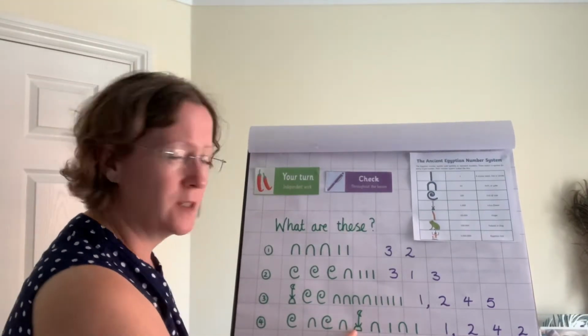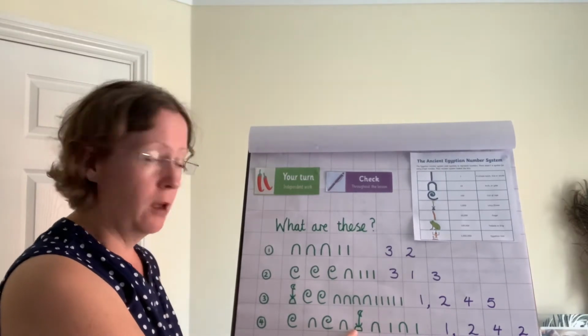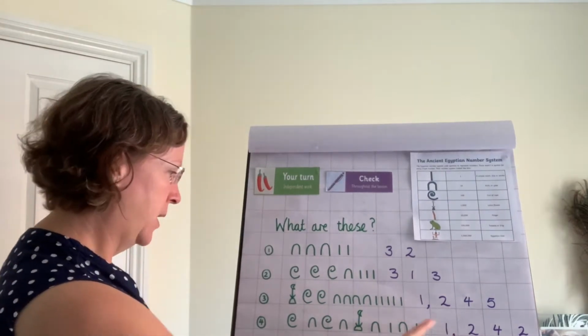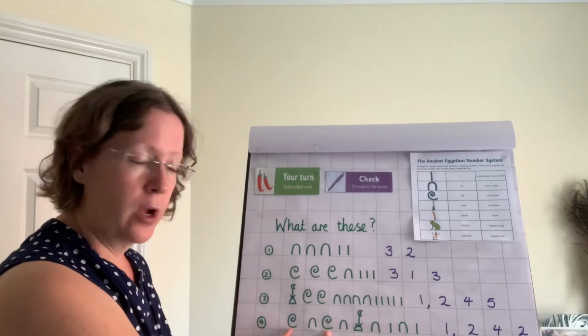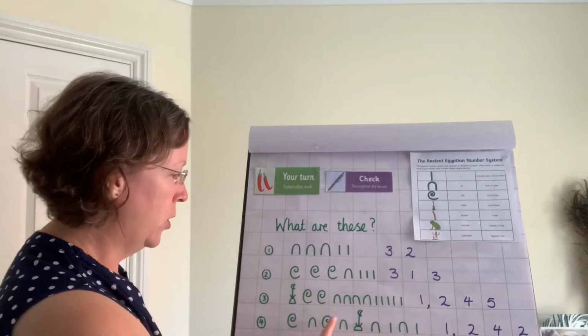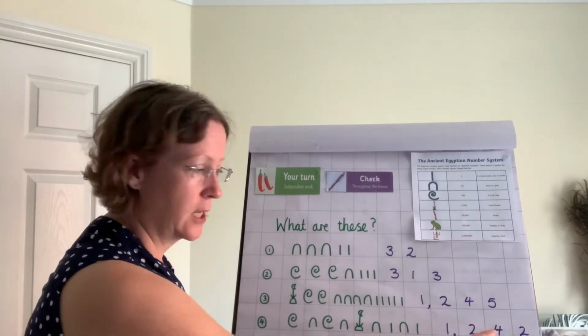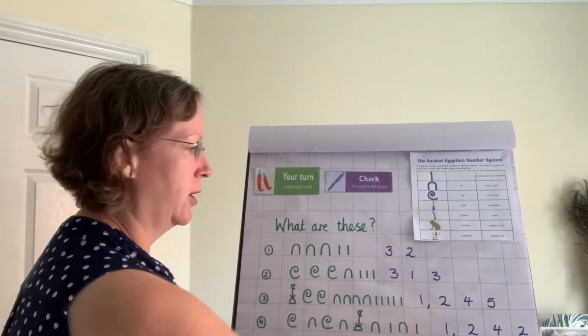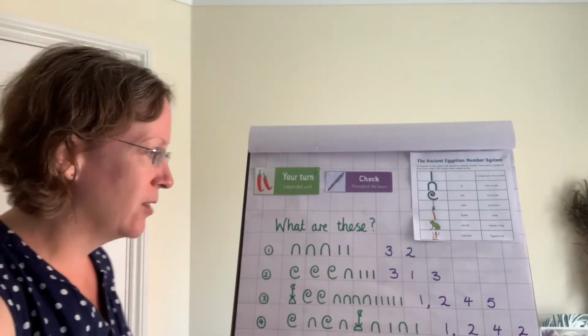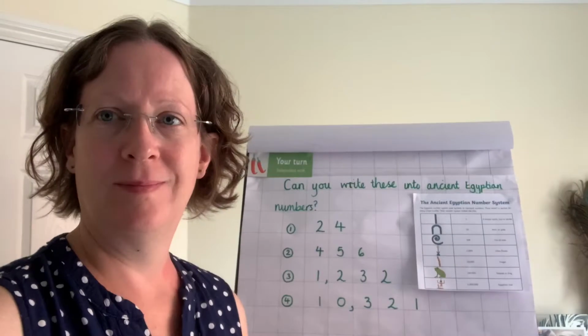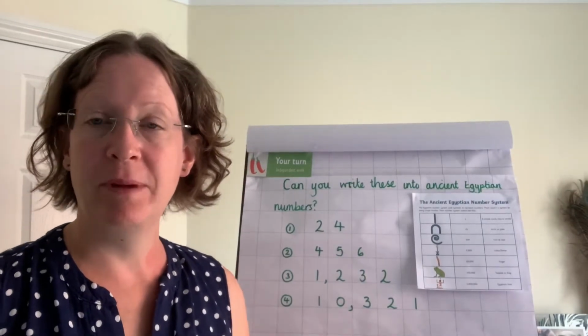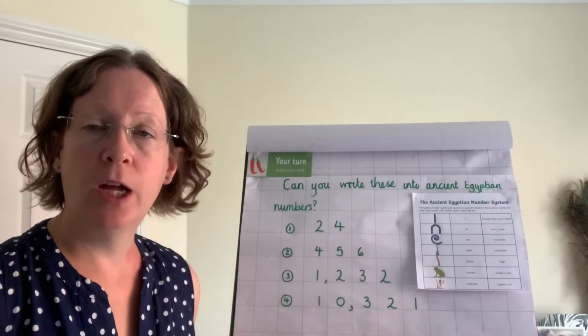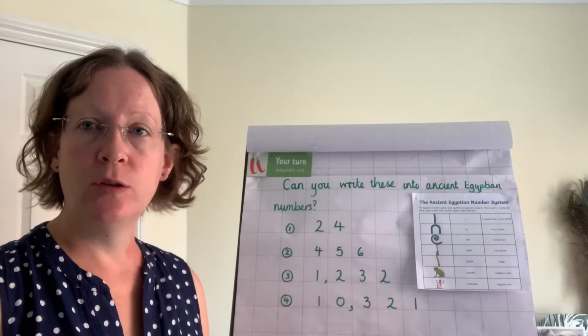So we've got a lotus flower here, so that's the largest one, so we've got 1,000. Then we've got 2 coils of rope, 200. We've got 1, 2, 3, 4 arches, so that's 40, and 2 lines, giving it 2, so 1,242.